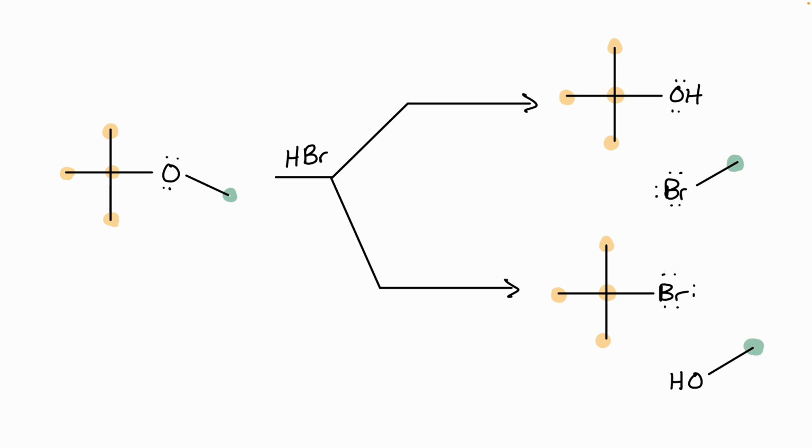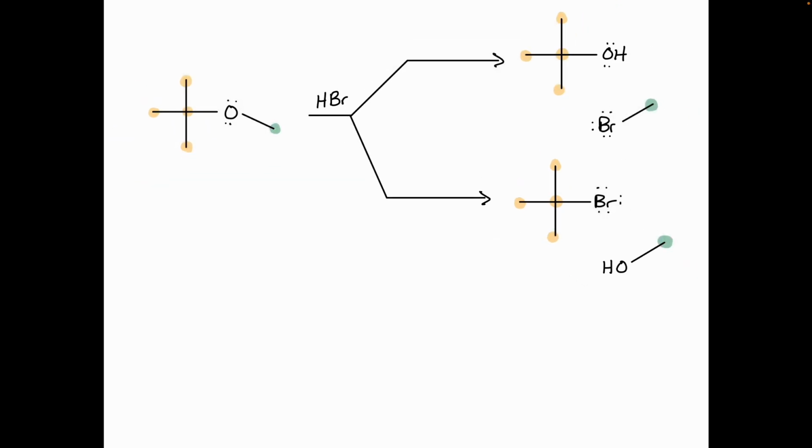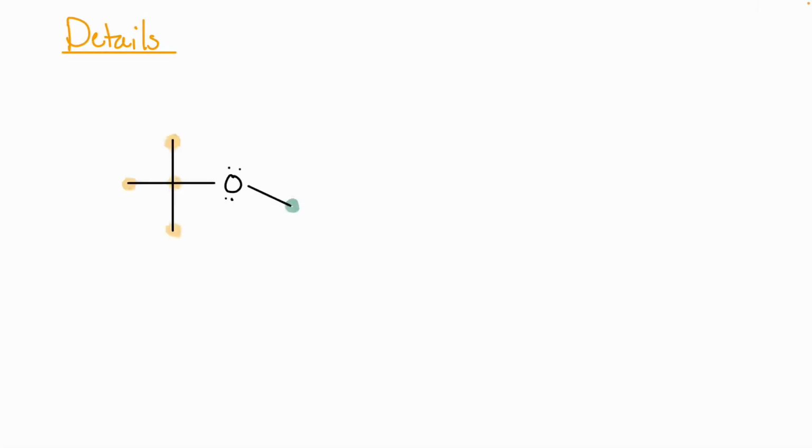Again, one of these two is going to be our actual product and the other one we're not going to see at all. So let's see if we can figure out what's what based on the details of this reaction. Step one is going to be to protonate that oxygen, get it all super mad.